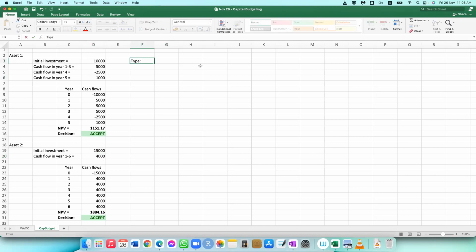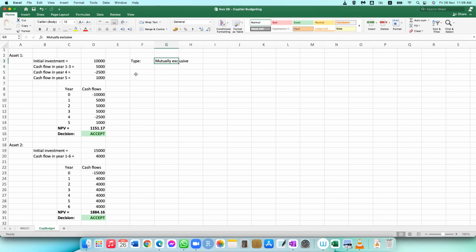Can the company take both the projects? The company needs a way to transport the things from warehouse to the factory. So would the company build both a road and also a railway, or will it make one of these two? One of them, sir. So in that case, the type of alternative is mutually exclusive.